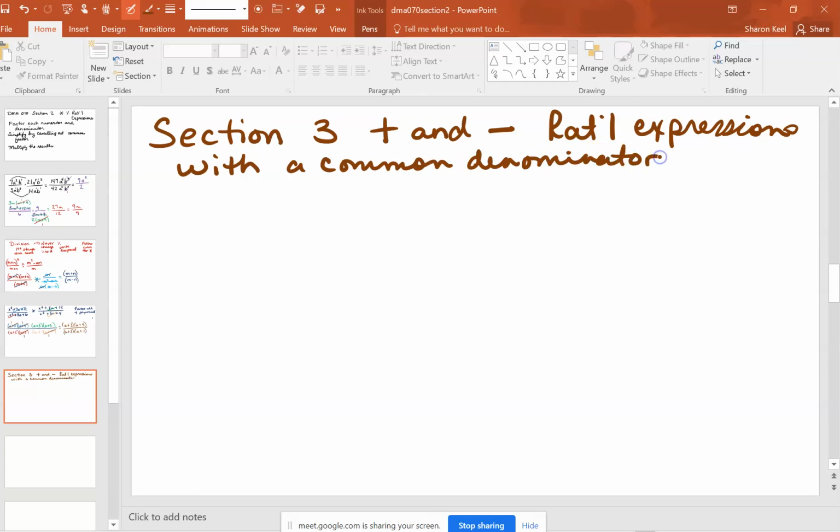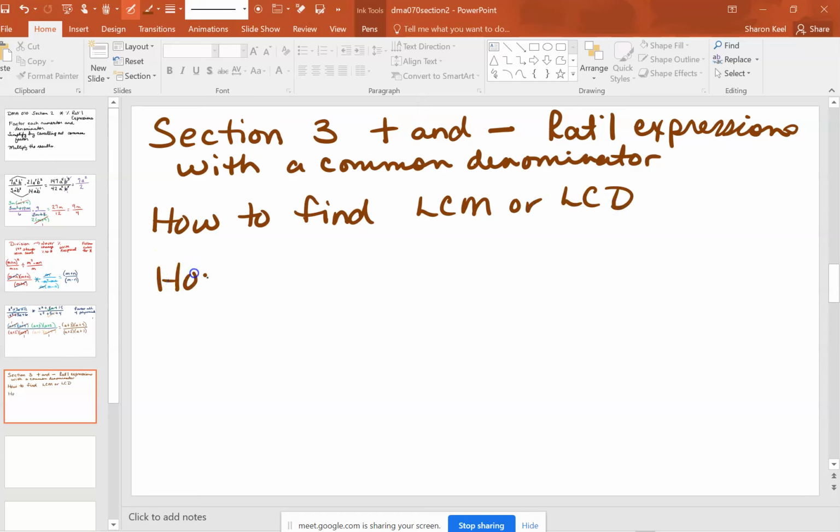It's also going to move into skill practices. The skill practices are going to be how to find a least common multiple or a least common denominator. And we're going to focus on a skill practice of how to make equivalent expressions.